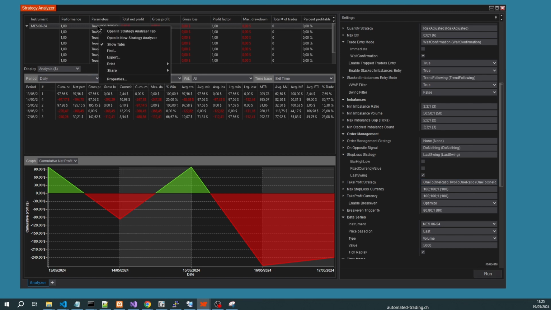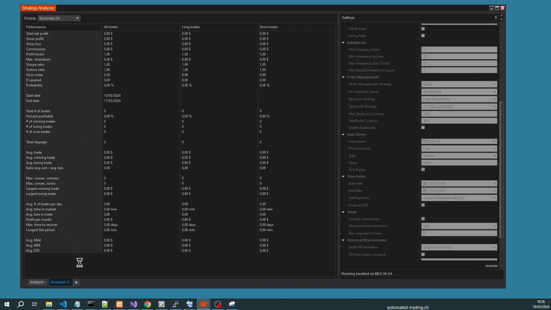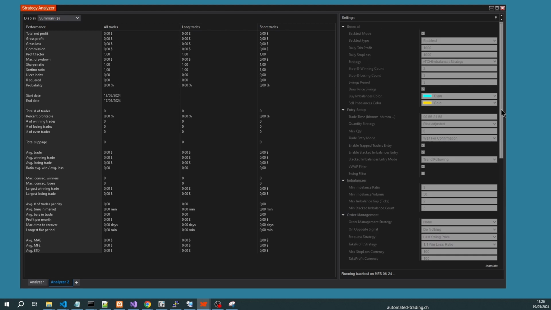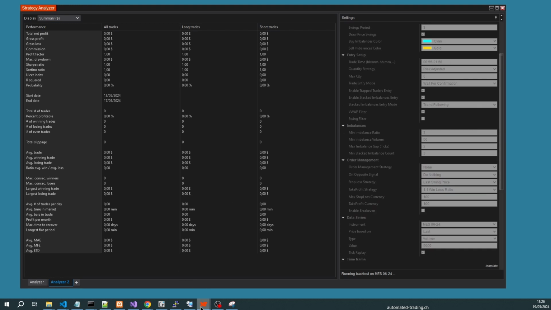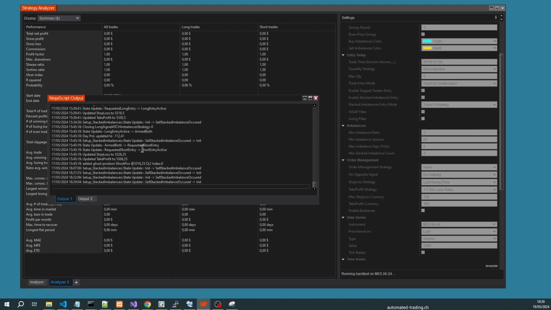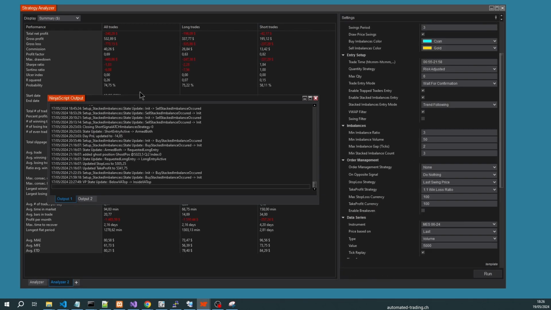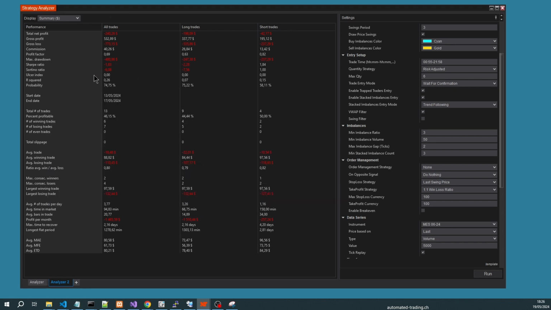And here you can tell it to open this run in a new tab, and if you select this, it will run this pass on a new backtest. It took the parameters of this run, put them here, and it's running a backtest on those levels. So here we have the details.